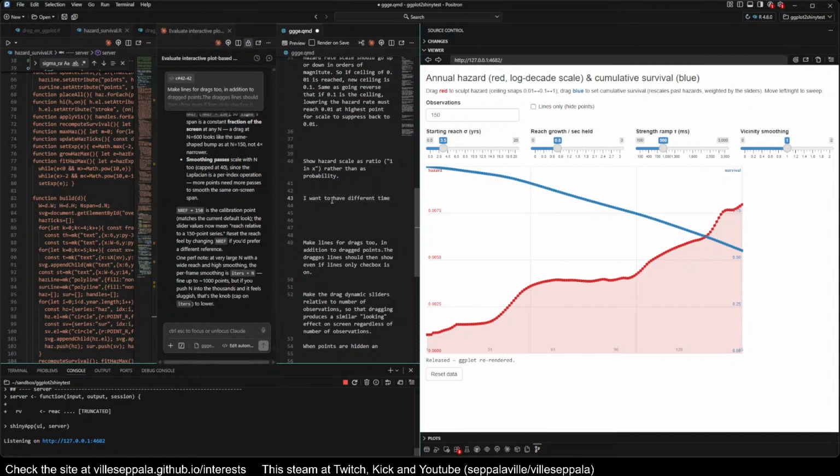I wonder if I should first define that x-axis time scale.